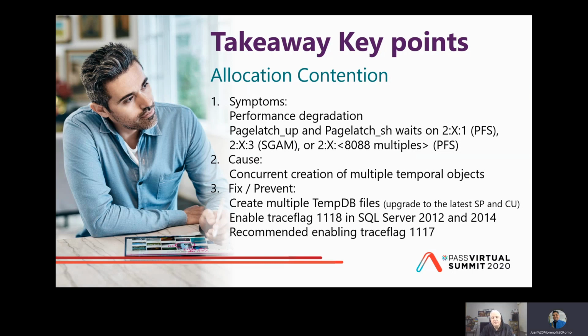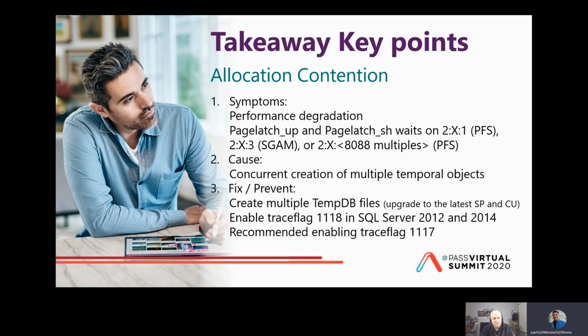Exactly. When we create a lot of temporary objects concurrently, we will most probably have allocation contention if we don't have a good configuration. So to fix or prevent it, what do we do? We create multiple tempdb files, as many as logical cores we have in our machine, up to 8.